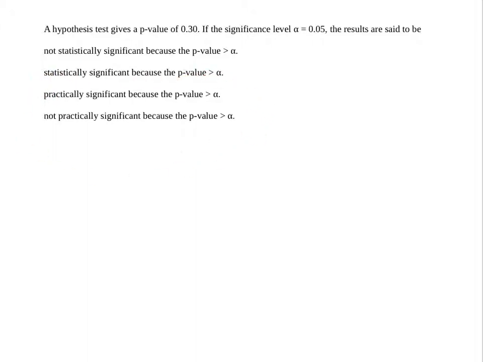Practical significance is basically, well, for example, say you have a sample that's huge. This happens a lot, actually, in very large samples. You have p-values that are just really, really small. So you might get a p-value that's 1 times 10 to the negative 8, for example.